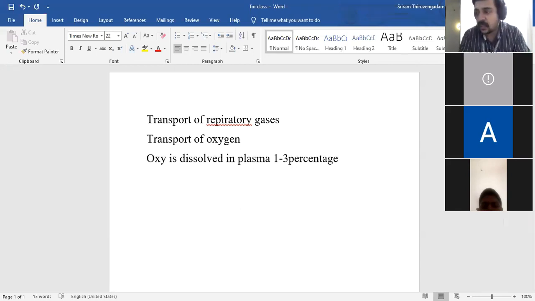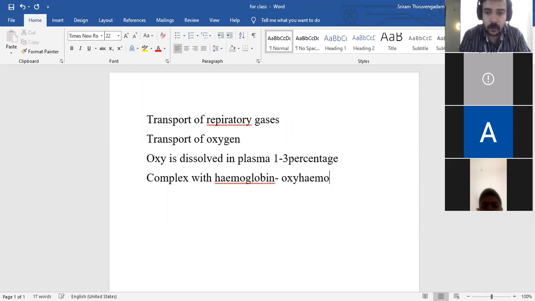The second way is, they are transported as a complex with hemoglobin. Okay, they are transported as a complex with hemoglobin, and that complex we call oxyhemoglobin as well.